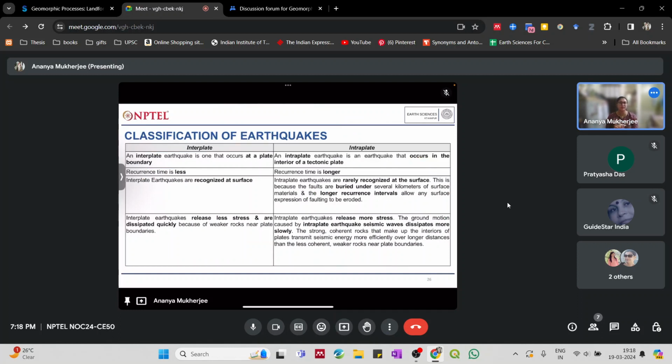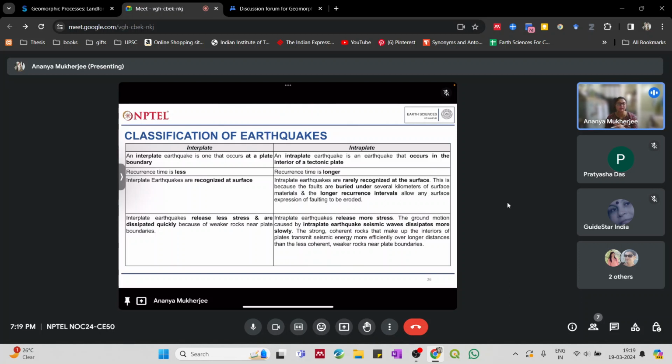earthquakes or seismic activity, the interplate occurs at a plate boundary between two plates, continental or oceanic plates. Whereas intraplate earthquakes, if you are only talking about earthquakes, occur in the interior of the tectonic plate. Mostly these can occur in areas which are very much farther away from the plate boundaries themselves. The recurrence time of the interplate boundaries is less.